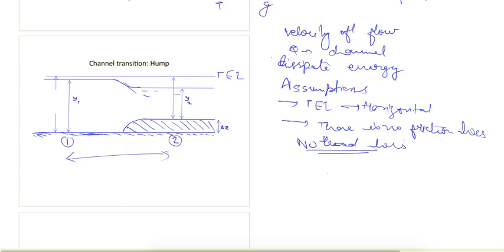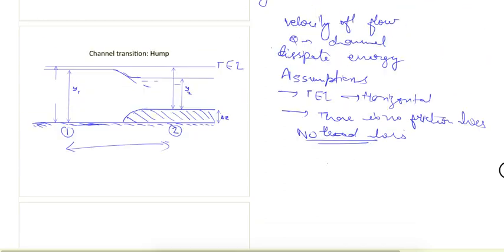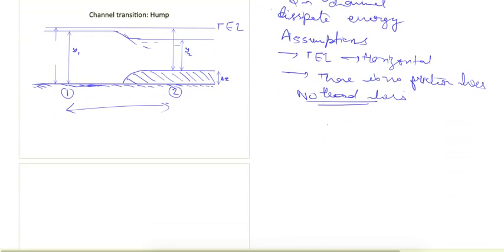So first is the hump. Hump is nothing but if we raise the bottom of the channel at some distance, it is known as hump. So for this, we study it using our specific energy diagram. So here our specific energy diagram comes to use.